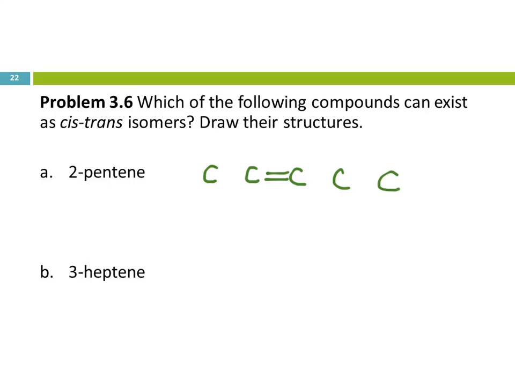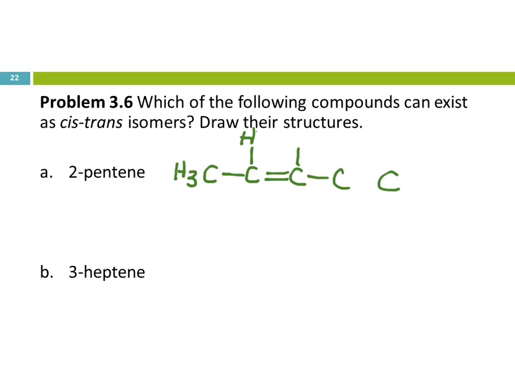Now, when we're looking at cis-trans isomers, we want to see very clearly what's attached to the carbons on the double bond. And so over here on the end, that carbon is going to have 3 hydrogens. And then it's going to need a hydrogen here to have its 4 bonds.